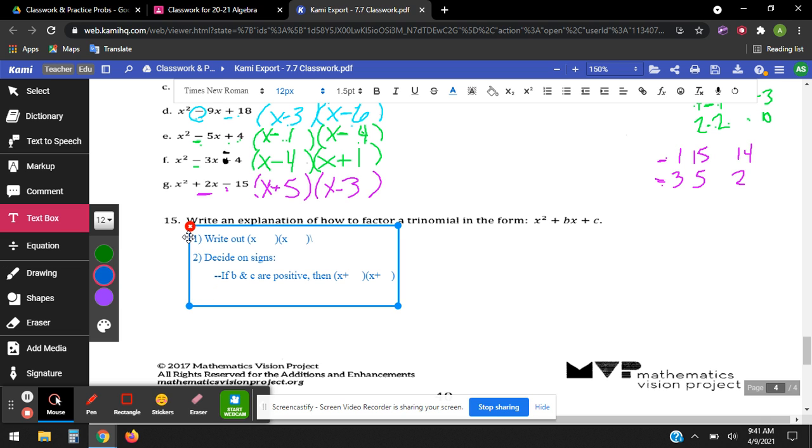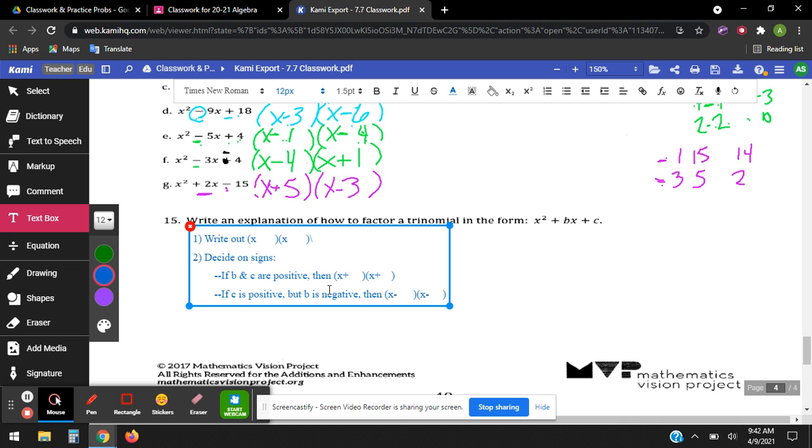But if C is positive, but B is negative, then we have an x minus and an x minus.